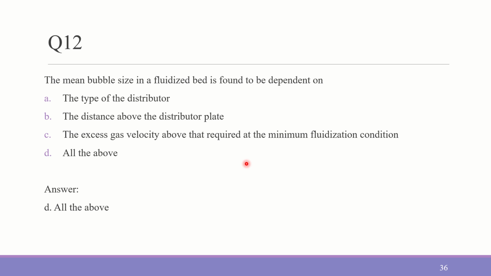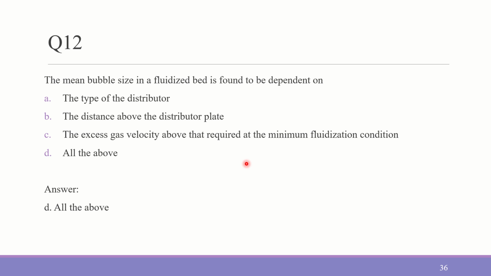And last, excess gas velocity above that required at minimum fluidization condition. In bubbling fluidization, when we pass a fluid at a sufficiently higher velocity than the minimum fluidization velocity, bubbles tend to form inside the bed. So that excess gas velocity is required to form bubbles. Option C is also the answer. So the answer is all the above.